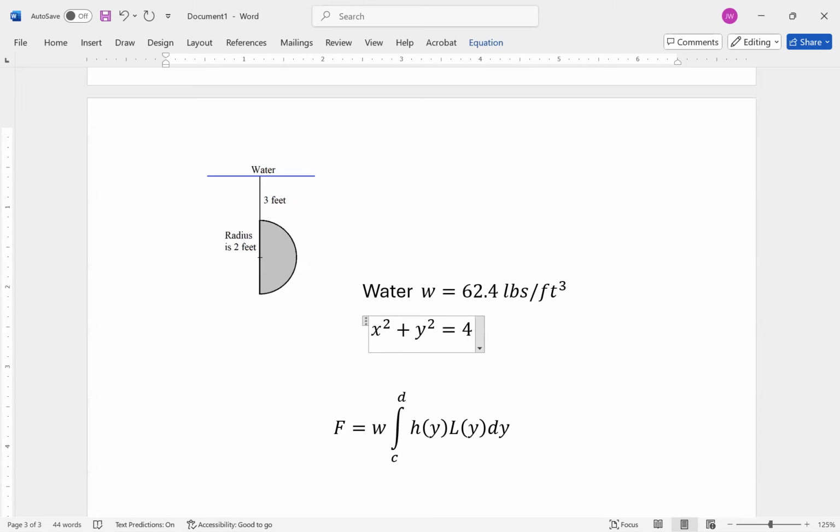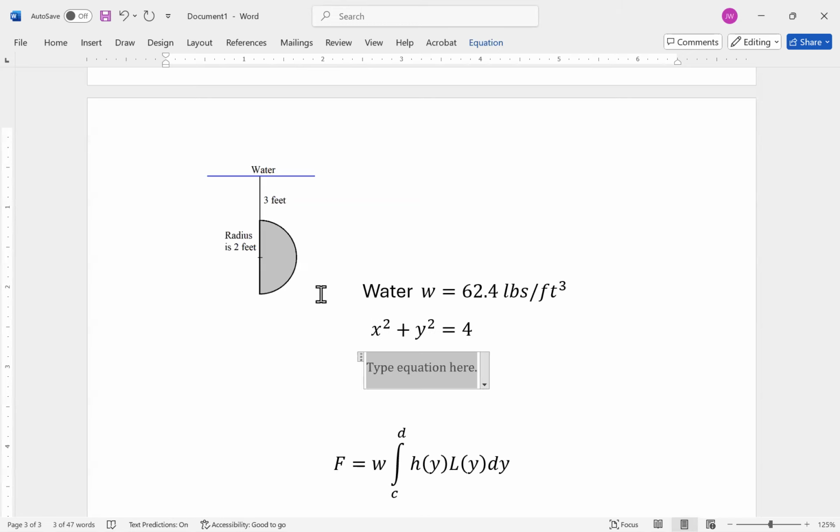Now I have to solve that thing for x, and if I do, let's actually solve it this way. If I solve for x, x squared is equal to 4 minus y squared when I subtract y squared from both sides. And then because I'm dealing with the right-hand side of the circle, that means all of my x values are going to be positive.